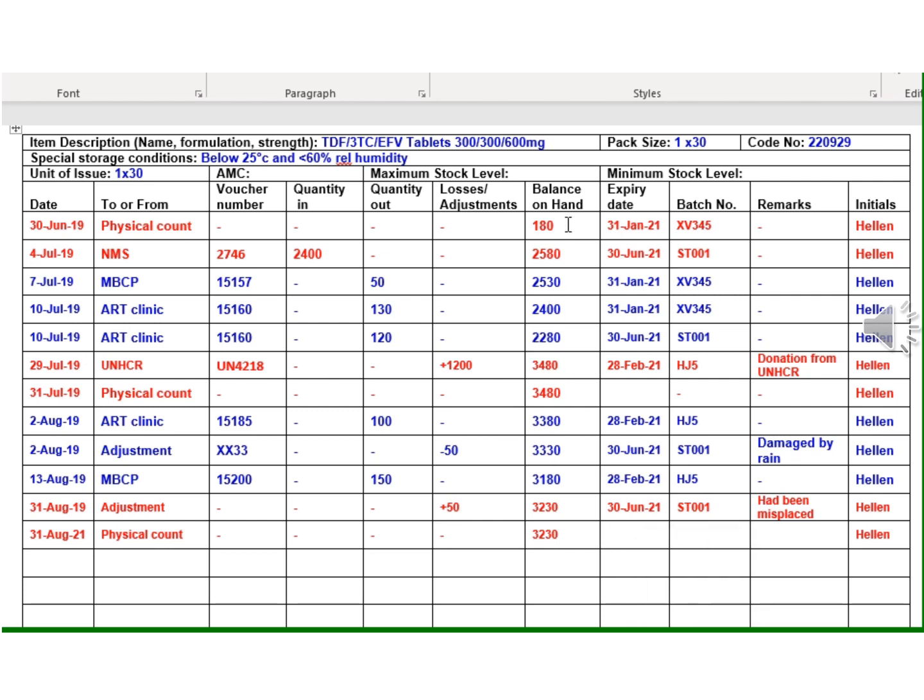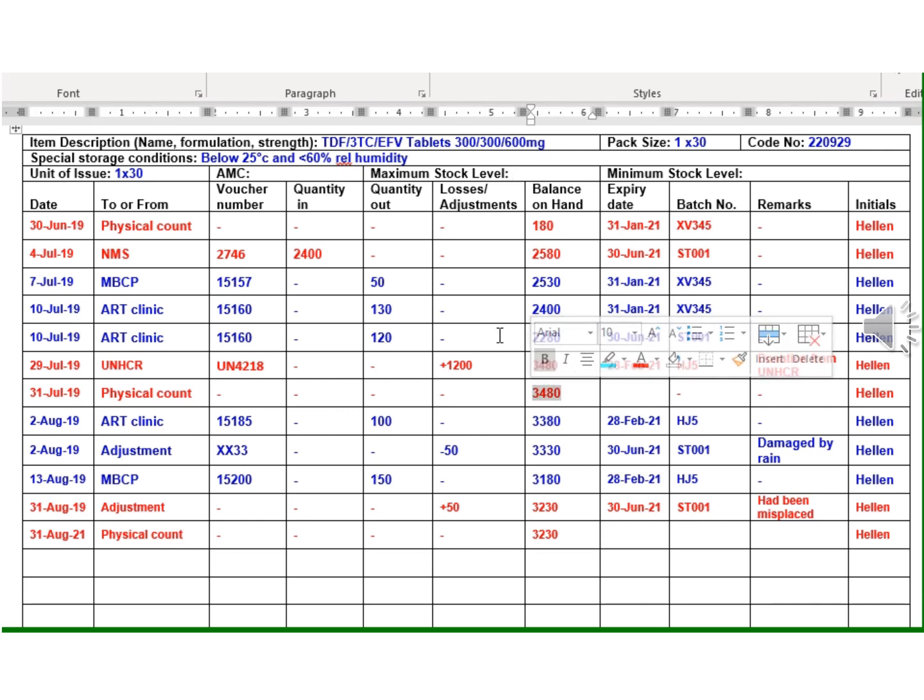Then we go to our stock balances. We check to see, is there a day during the 2-month period we are using to establish our consumption rate, a time when we had 0 stock? For instance, assuming we had 0 stock on 10th July and we received stock on 29th July.